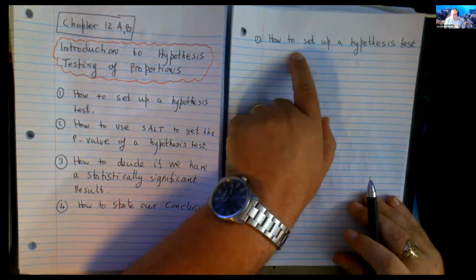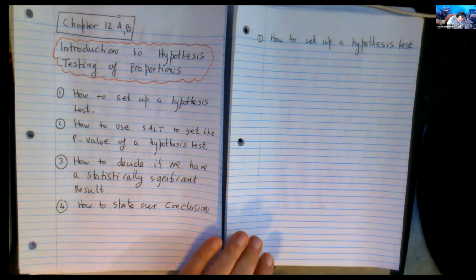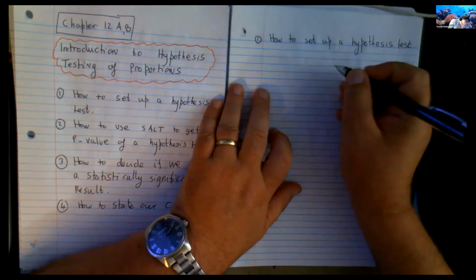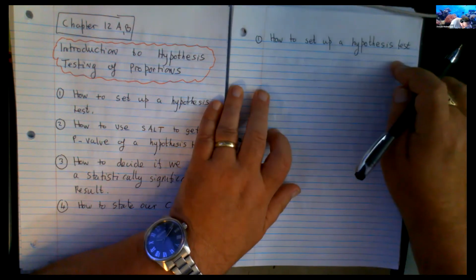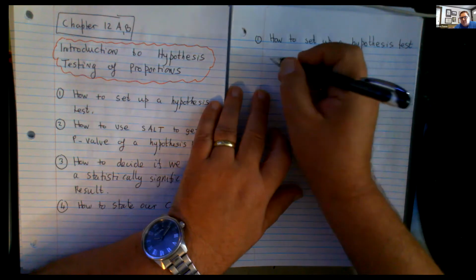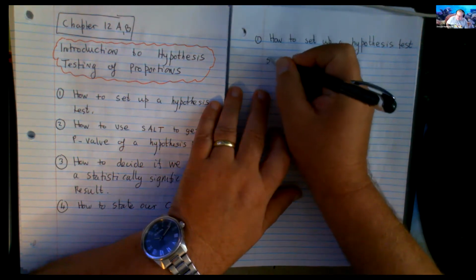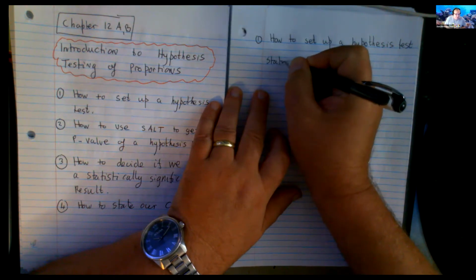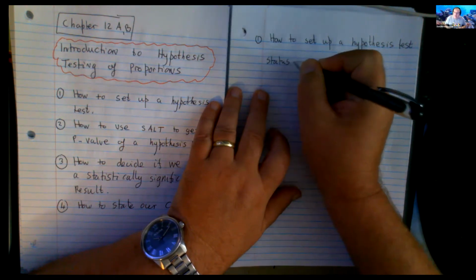How do you set up a hypothesis test? Well, you're going to have some information that is the status quo, which is, what is the population value meant to be?